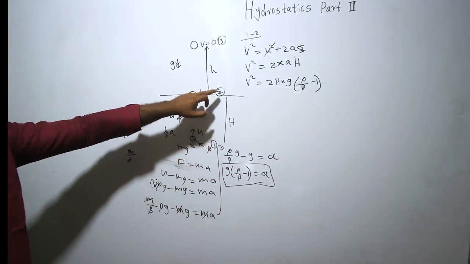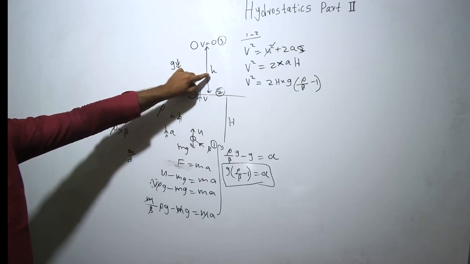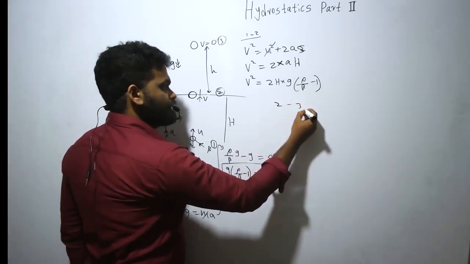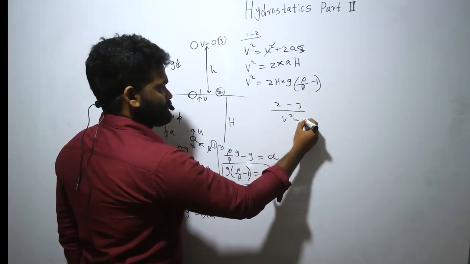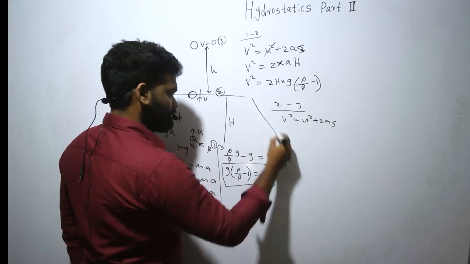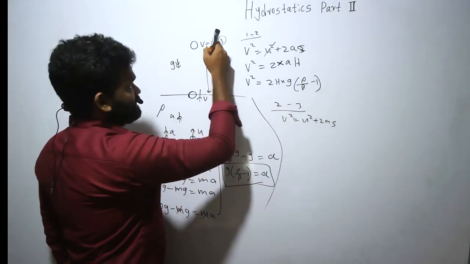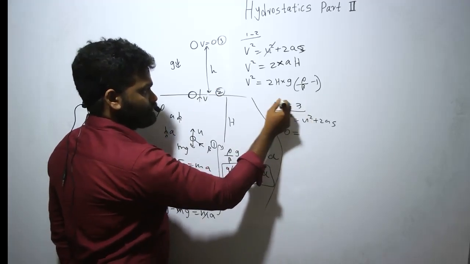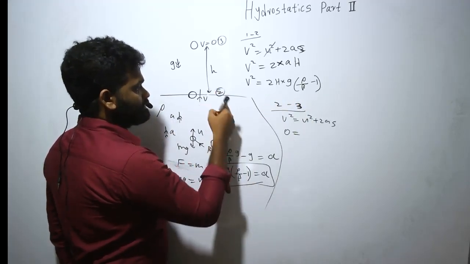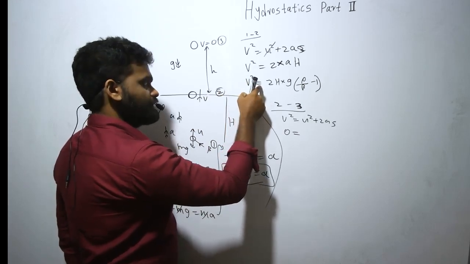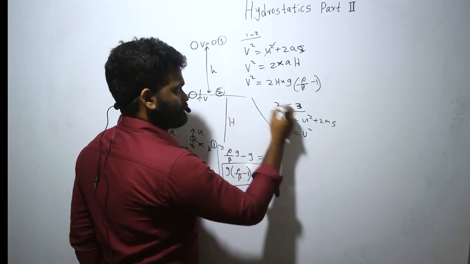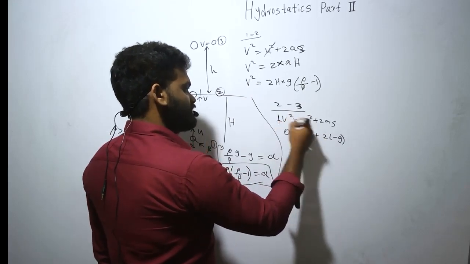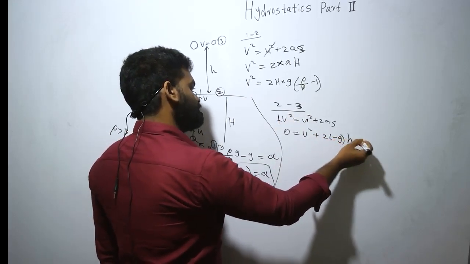Okay. Then what you need to find is simple h. In order to find that, I'll just apply motion equations from 2 to 3. v squared equals u squared plus 2as. So final velocity, that is 0. Initial velocity, meaning at 2, from 2 to 3, it is v. Later, if you want, you can substitute it from here. So v squared plus 2 times gravitational acceleration downwards, so minus g times simple h.